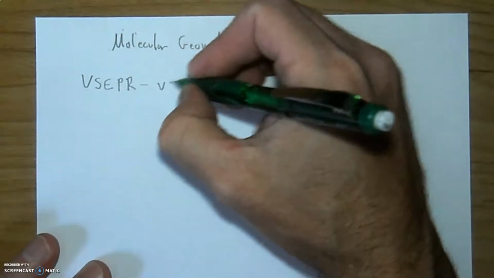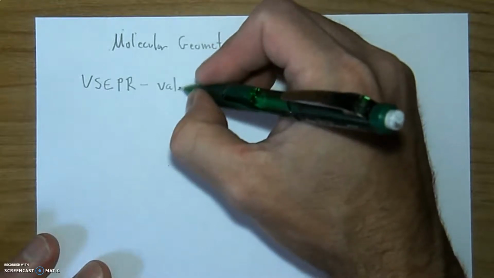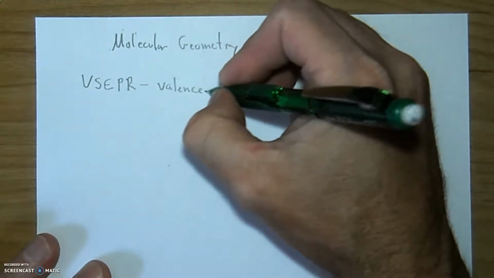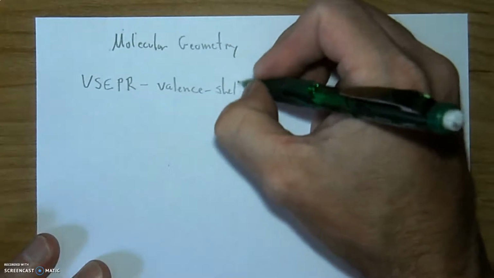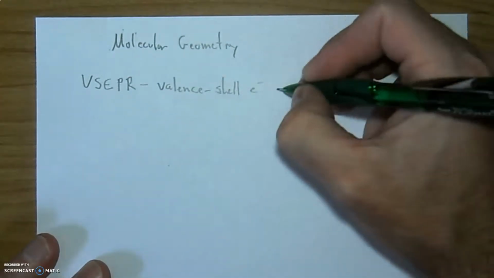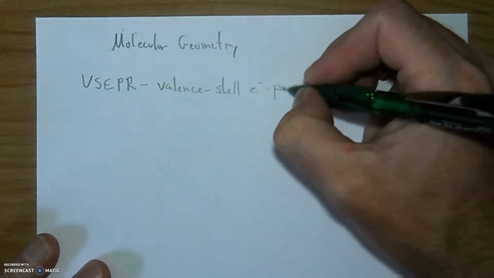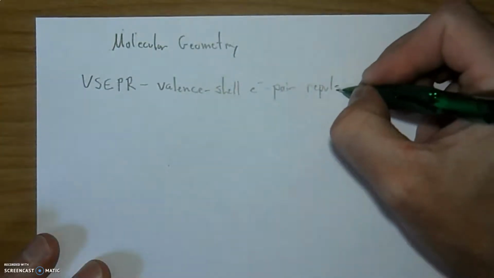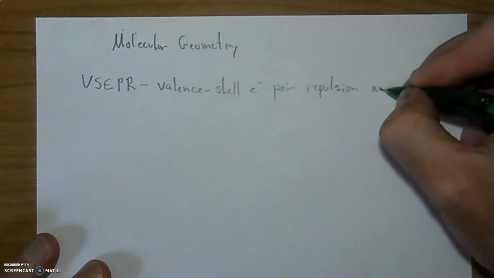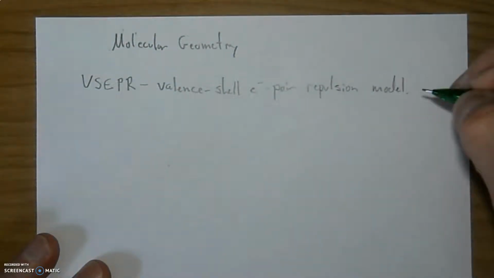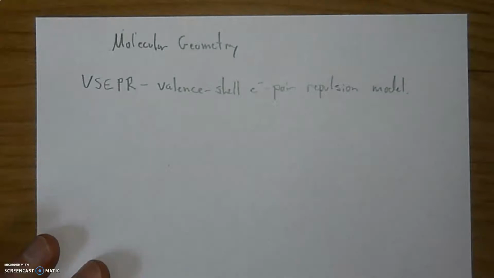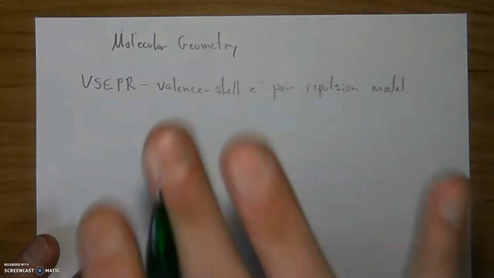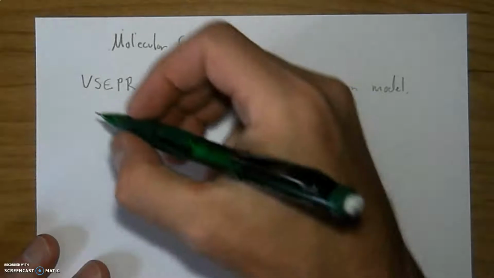What this stands for is valence shell electron pair repulsion model. So how does the shape of the molecule look based on the number of valence shell electrons that it has? And we'll look at many examples going through here.